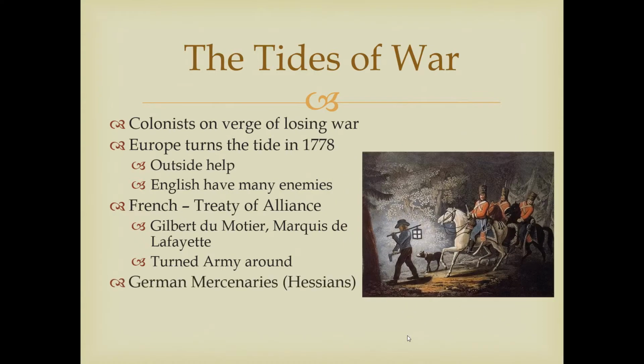On the other side, you actually have German mercenaries that fight with the British and come over into the Americas and begin to try to turn the tide, so that the Prussian and Austrian mercenaries, known as Hessians, are going to be fighting against the colonists.